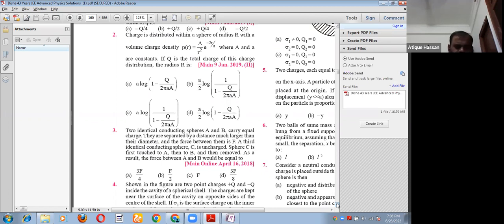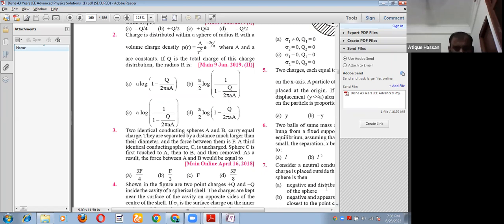In NEET, very few questions are asked based on integration or differentiation, especially harder integration. Some questions are asked based on easy differentiation and integration. So there will not be an issue for NEET as well as JEE. JEE students are already going to study integration in mathematics.